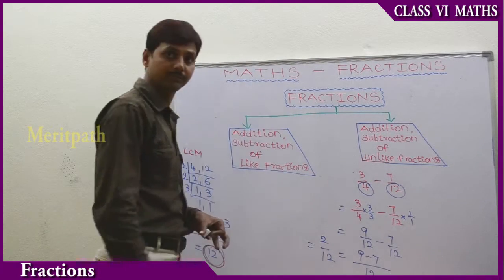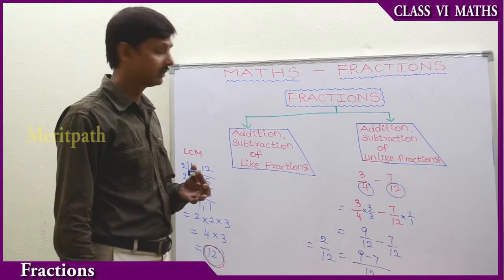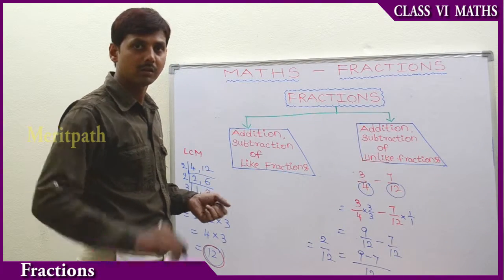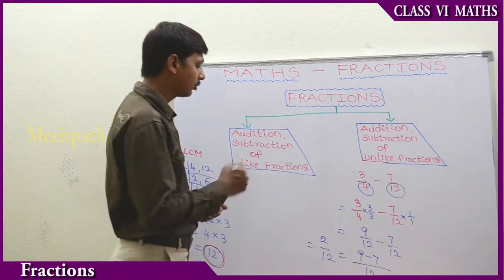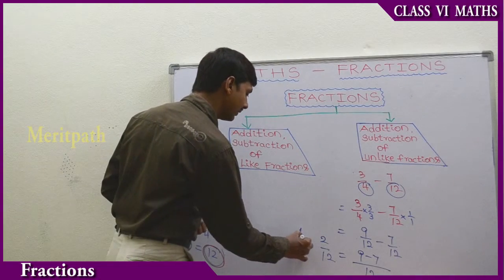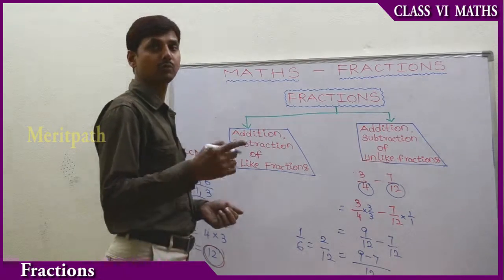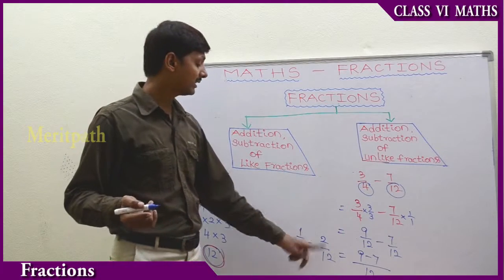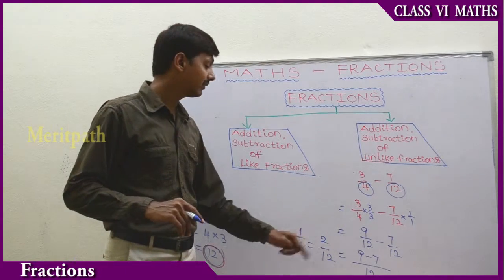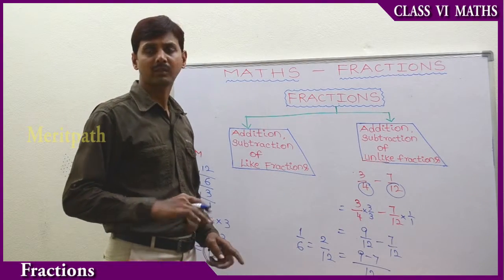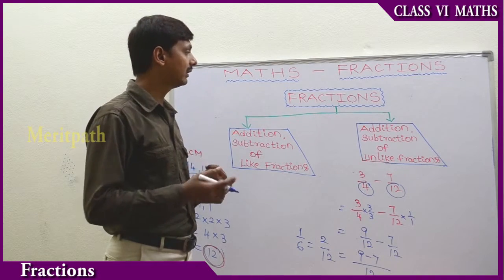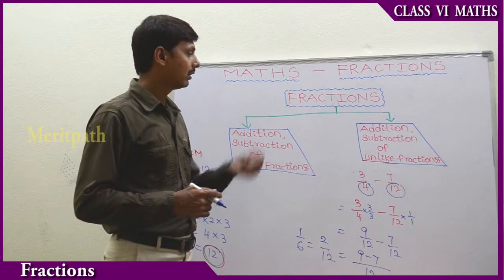For 2 by 12, the numerator and denominator have a common factor of 2, so we can write this as 1 by 6. This is the same process of addition and subtraction of unlike fractions.